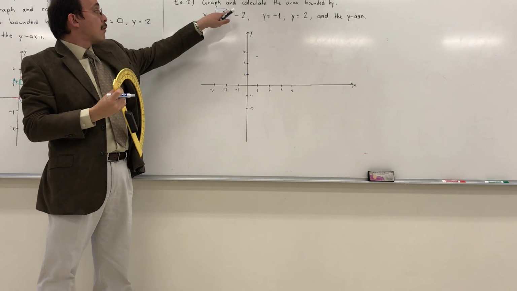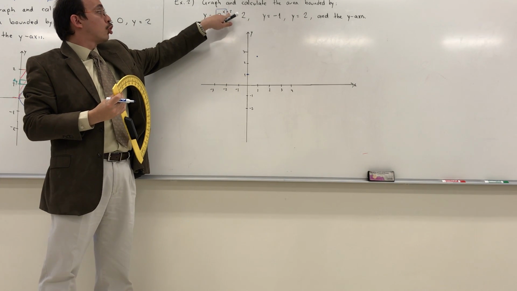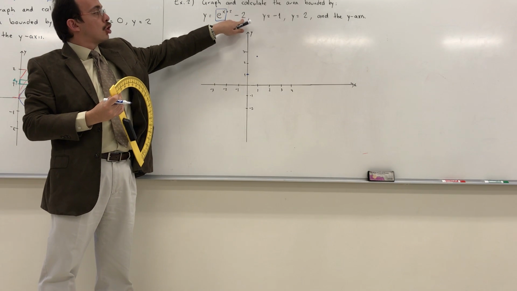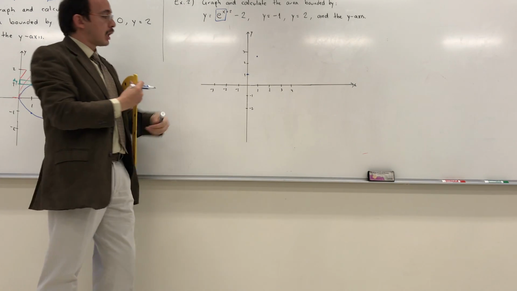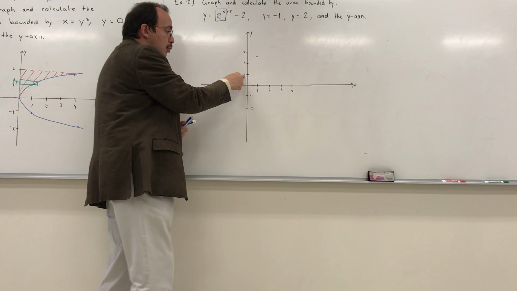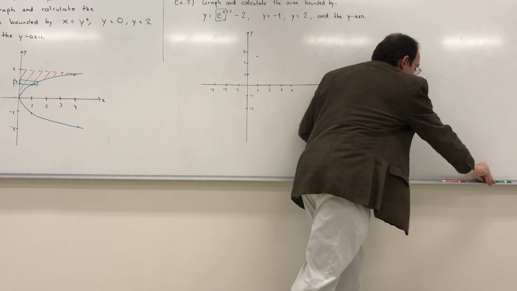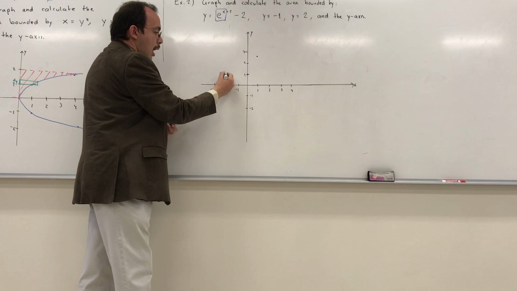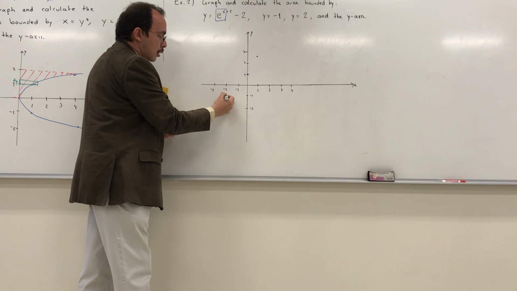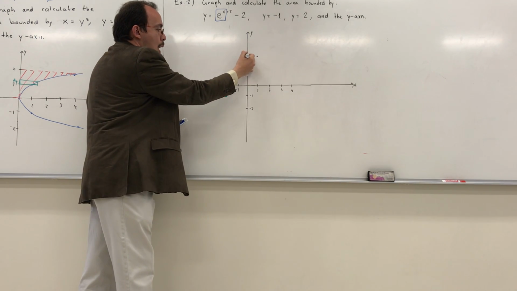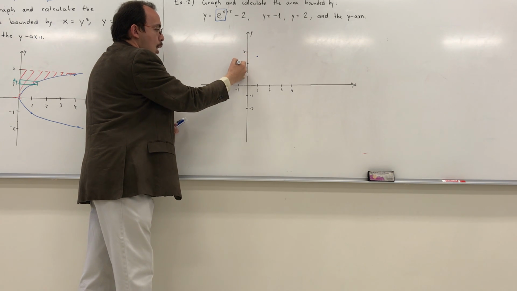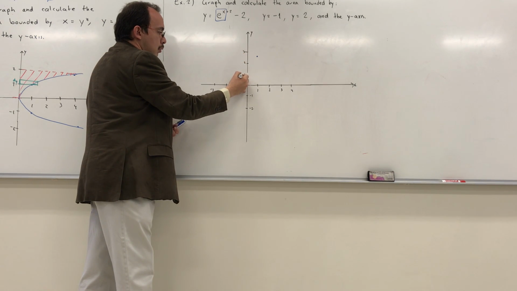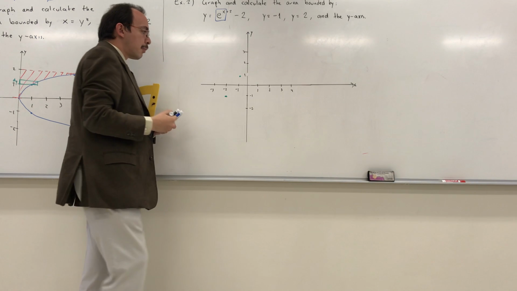But you have transformations: 2 to the left, 2 down. So for these points we're going to move 2 to the left and 2 down. I repeat.